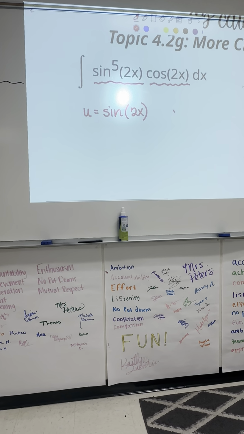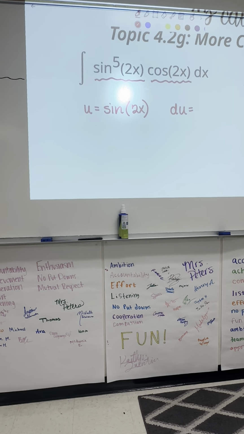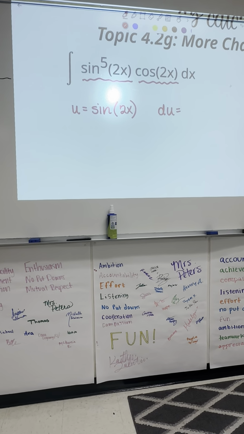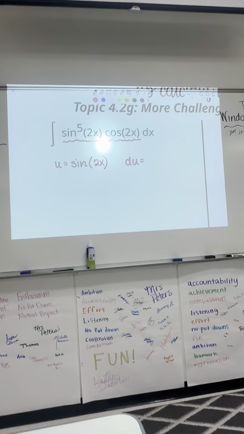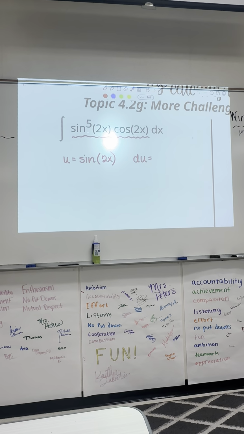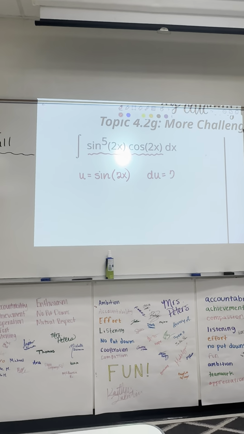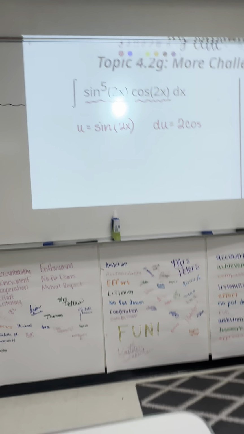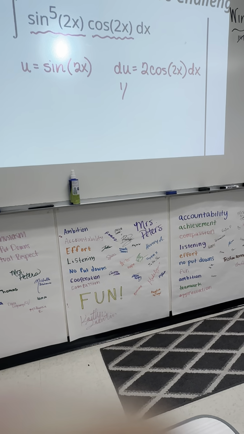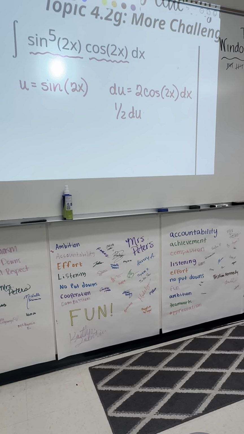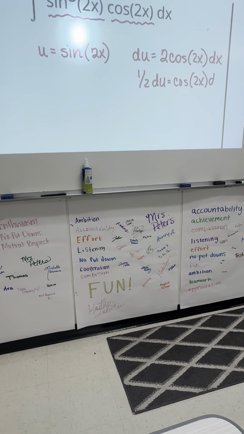So that means my du has to be what? Negative cosine of 2. Close. The derivative of sine is just positive cosine, right? But technically we have to chain it to find its derivative, so it's 2 cosine of 2x dx, right? So 1/2 du equals cosine of 2x dx, okay?